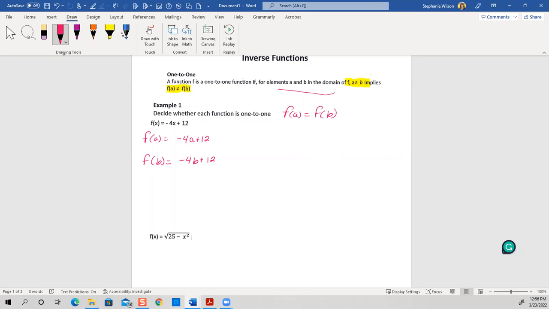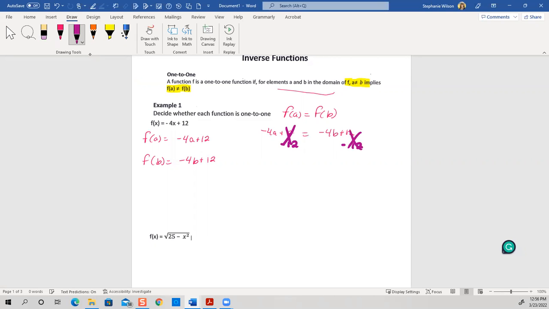And now let's set them equal. For F of A, we got negative 4A plus 12, equal to the B one, negative 4B plus 12. Let's get all the constant numbers on one side and all the variables on the other. Those go to 0.